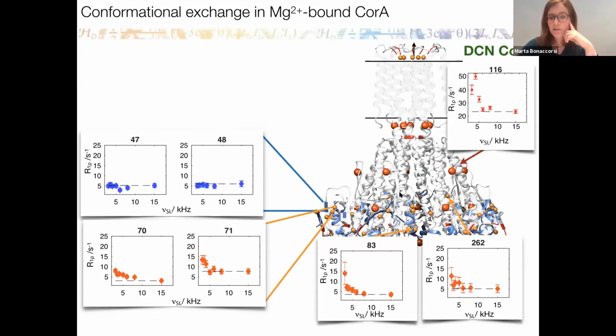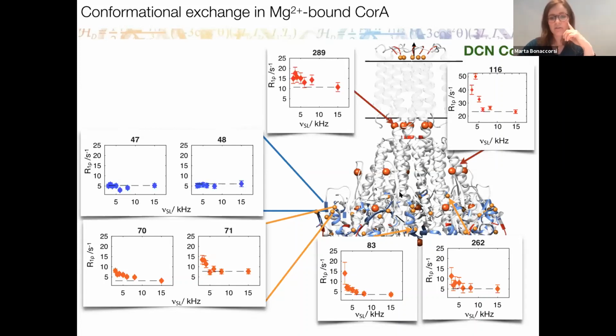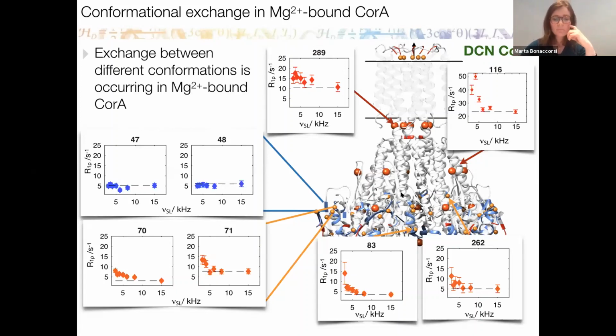And this is particularly true, again, for these residues in the central part of the protein, which are both highly dynamic and involved in these exchange processes. So surprisingly, in magnesium-bound core A, the exchange between different conformations is accessible.